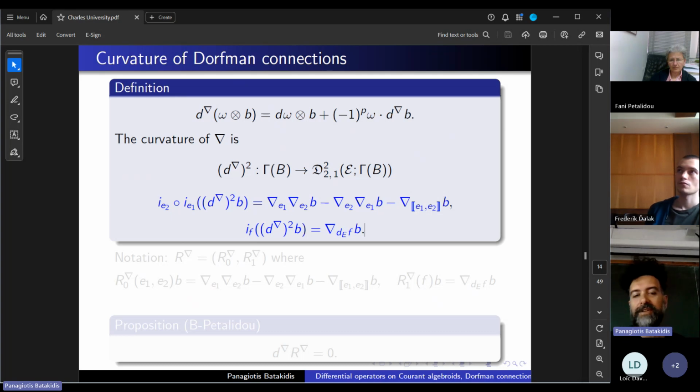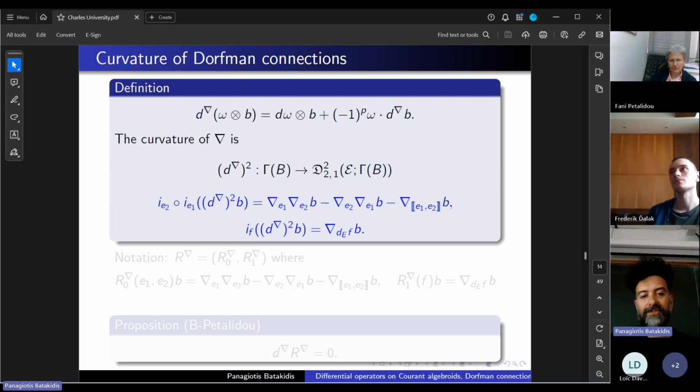We'll just keep every term that comes up in the definition, and try to make them make sense in some appropriate ambient space. That's why we constructed this algebra of differential operators.